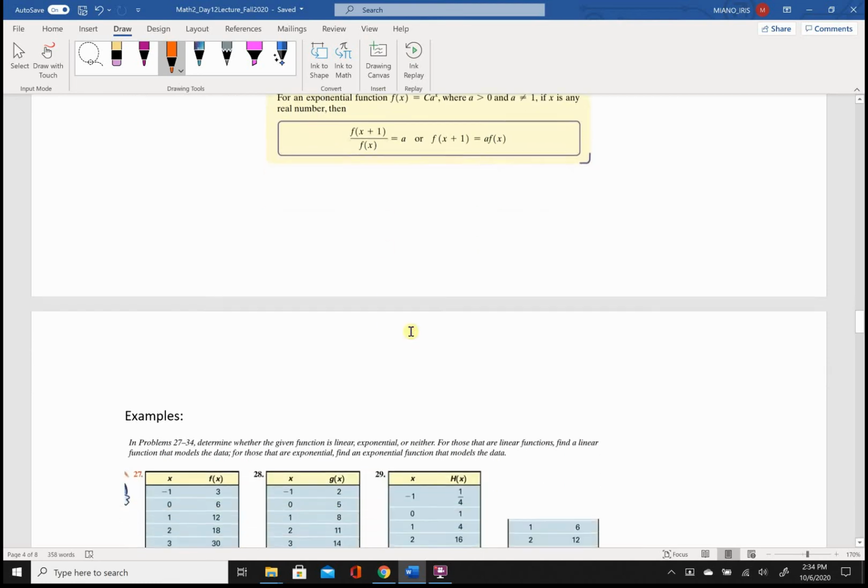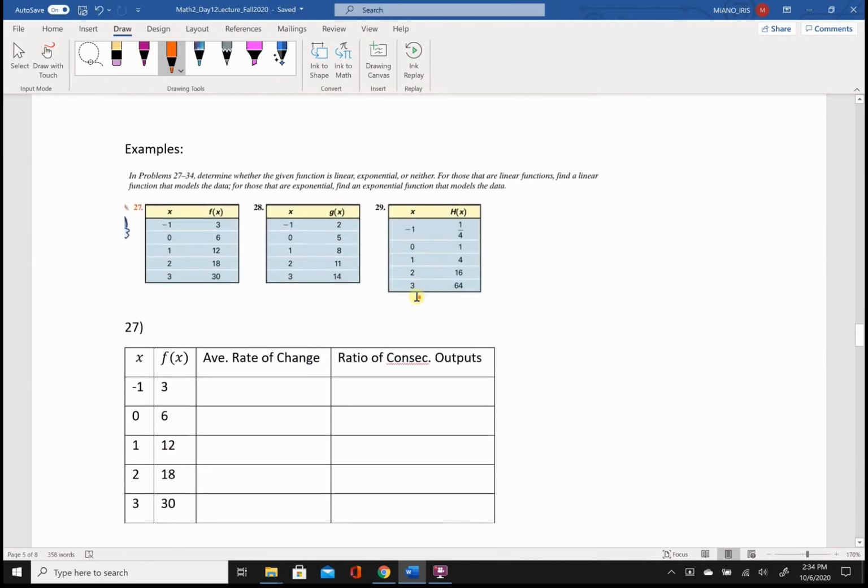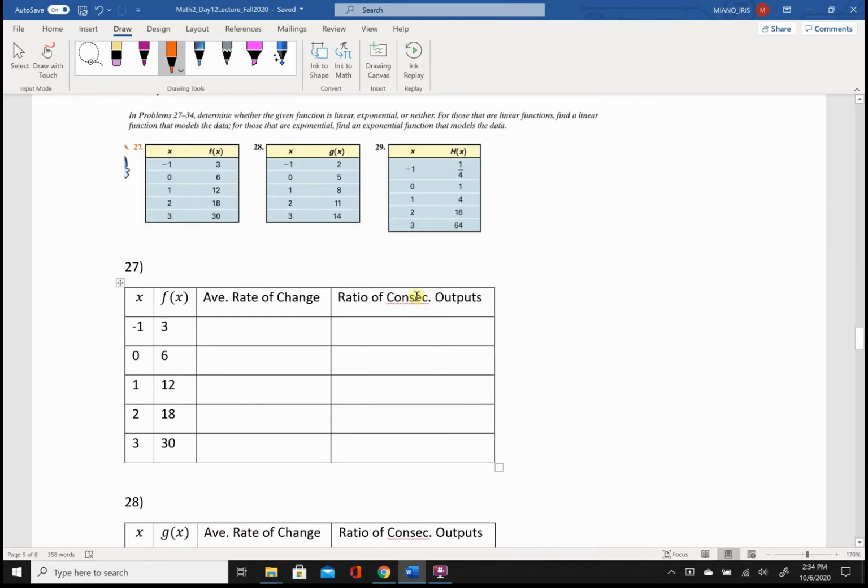Okay, so I have highlighted a few examples that I wanted to touch on as far as being able to recognize this from a table of values. So notice numbers 27, 28, and 29. We have x and some function of x, f of x, g of x, and h of x for numbers 27, 28, and 29 respectively.